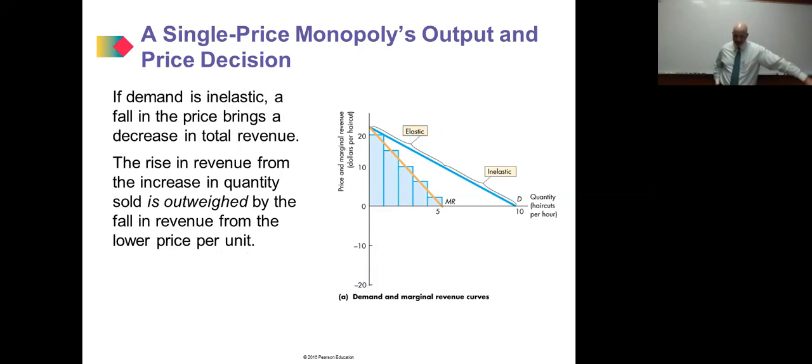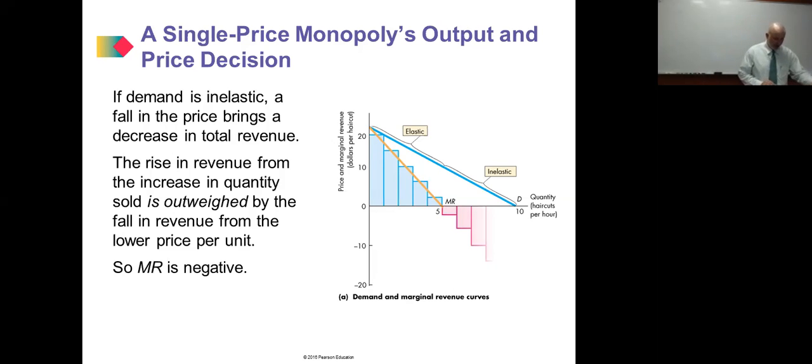Now, if demand is inelastic, a fall in the price brings a decrease in total revenue. And we're going to say that marginal revenue is negative in this example. So look here, we have a demand curve at D. Marginal revenue curve is shown to us, and the marginal revenue curve can dip down below at a range of 0 to 5 haircuts. Is that what we're doing, haircuts? Yes. So at a range of 0 to 5 haircuts, what's a price increase?